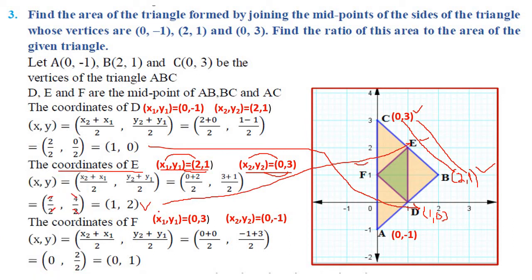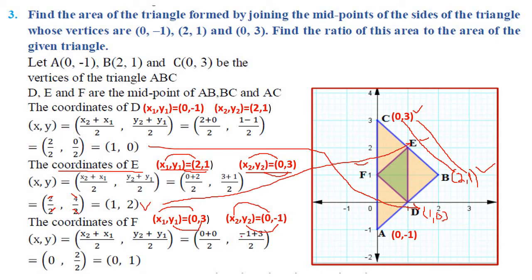Now x1 is 0 and y1 is 3, and x2 is 0 and y2 is -1. The midpoint formula is (x, y) equals ((x2 plus x1) by 2, (y2 plus y1) by 2). So x2 is 0, x1 is also 0, by 2.